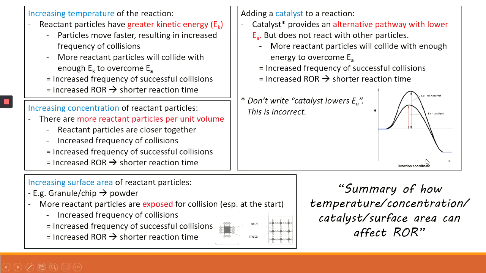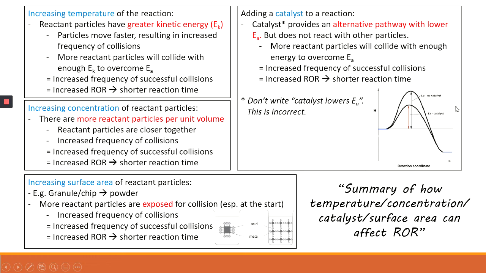And we can see that in this graph, right? This one is the activation energy without the catalyst, and this is the new, alternative pathway that the catalyst provided. And this pathway has a lower activation energy.